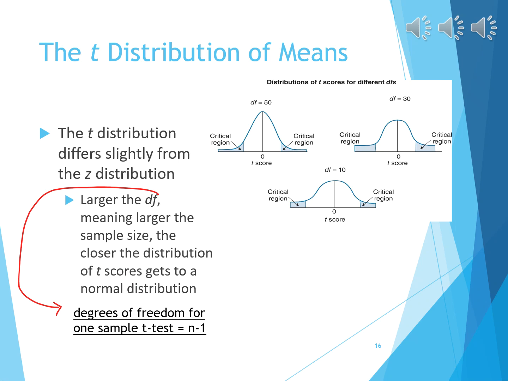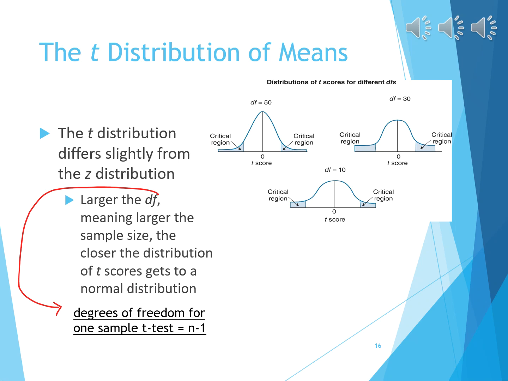The t-distribution is pretty similar in that lower sample sizes are worse. They mean that the distribution of means for a t-distribution is not normal unless you get higher numbers of people in those samples. So the larger the sample size, the more normally distributed a t-distribution of means will be.